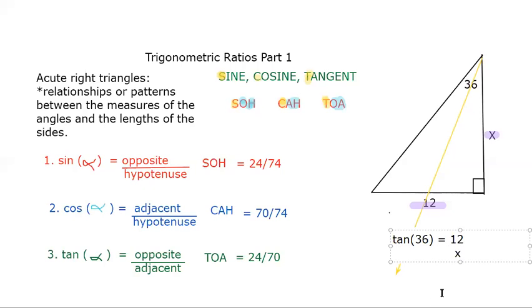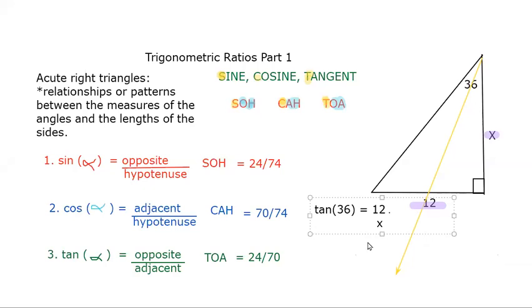Now remember in basic algebra, when you have a fraction, how do you get rid of that fraction? You multiply it by the denominator. So what we're going to do is we're going to multiply both sides by x. Both sides of the equation, we're going to multiply by x.